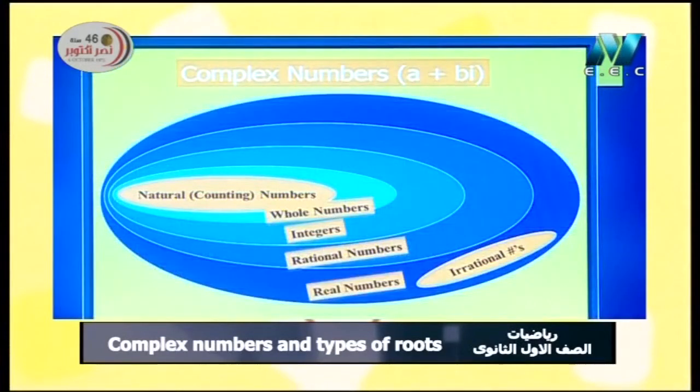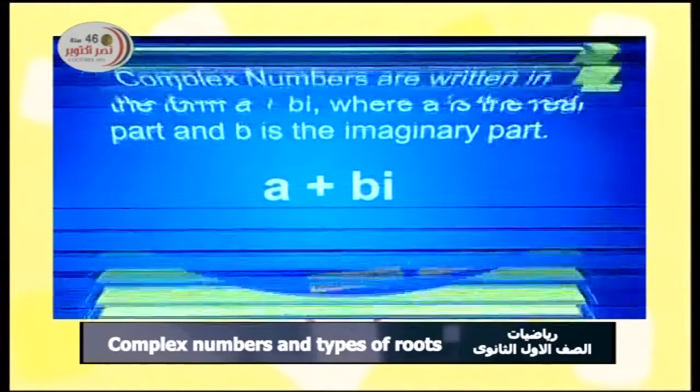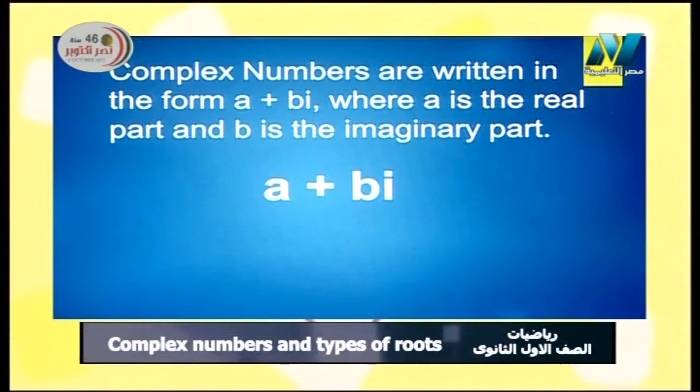We know that complex numbers contain all these numbers: natural, whole numbers, integers, rational, real numbers, and irrational numbers. Complex numbers are written in the form of a plus bi, where a is the real part and b is the imaginary part.